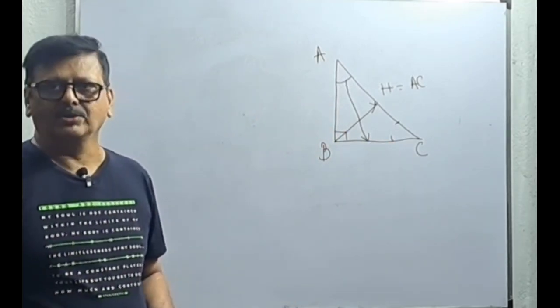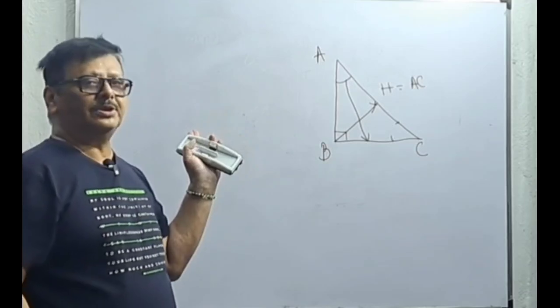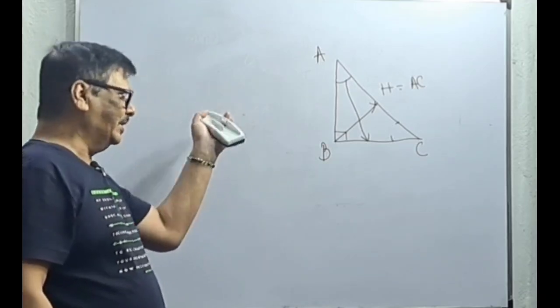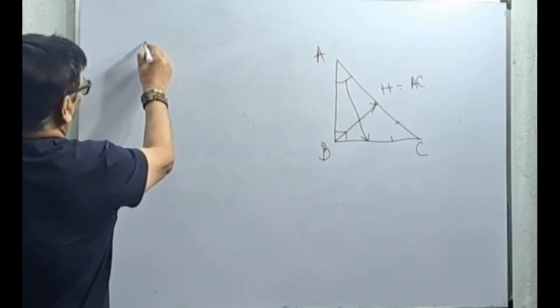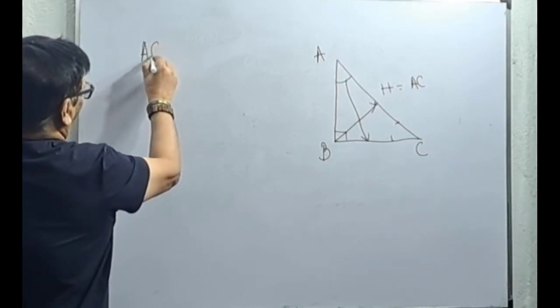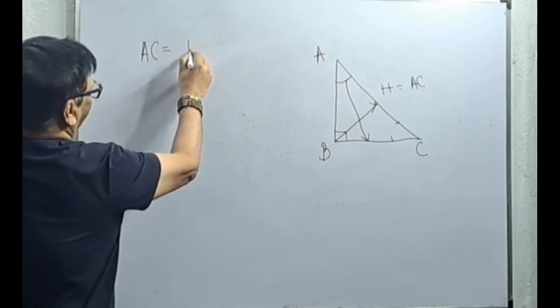The moment the perpendicular changes, the base changes. So AC is equal to the hypotenuse, that's all right.